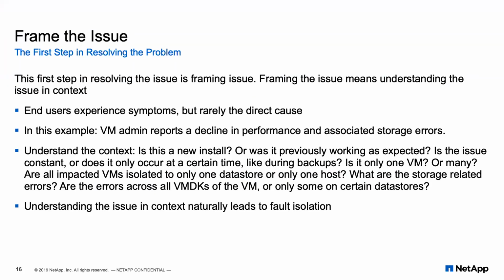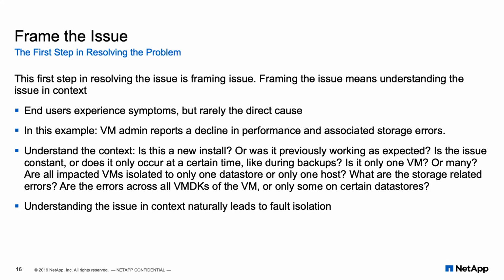So the first thing we do is frame the issue. So what does that mean to frame the issue? Well, fundamentally, it's about understanding the issue in context. In this example, we might ask the admin, is the issue constant, or does it only occur at certain times? Is it only one virtual machine or many? Are all impacted virtual machines isolated to only one data store or only one host?